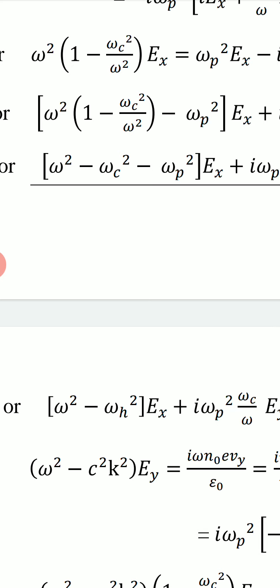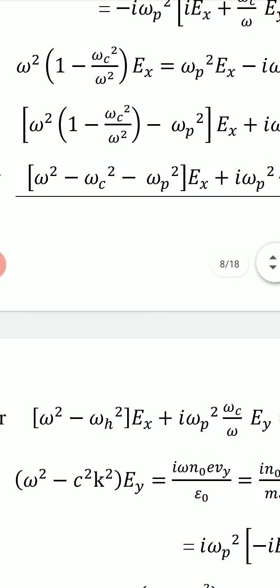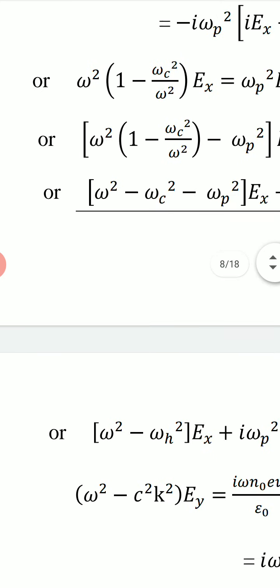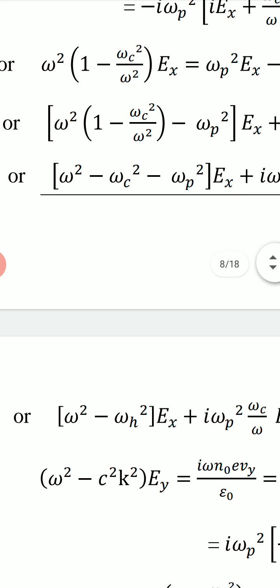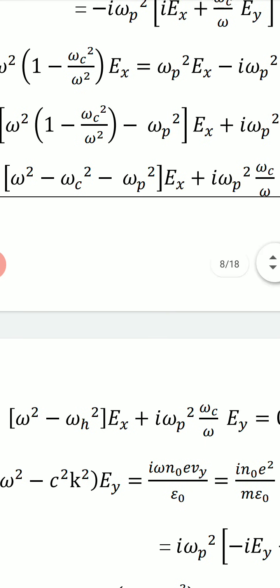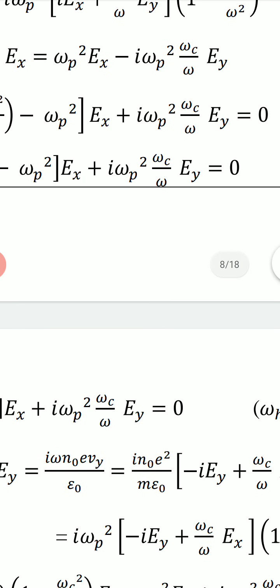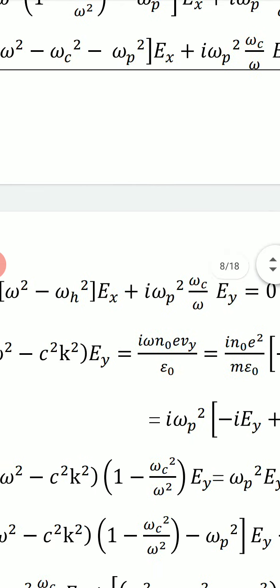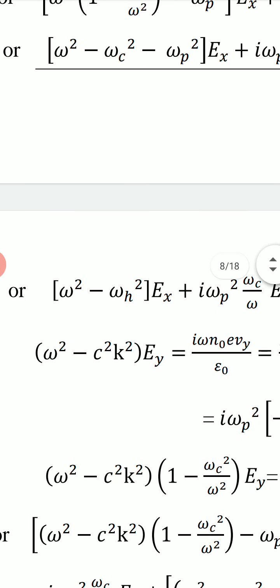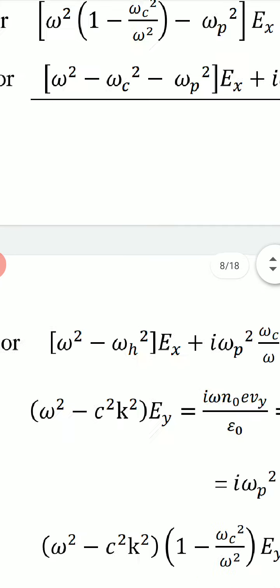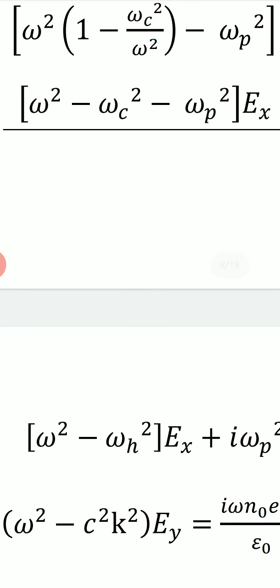Now if we solve this equation, solve this bracket, we get (omega square minus omega c square minus omega p square) into Ex plus i omega p square omega c upon omega Ey equal to 0. Now we write this as omega square minus omega h square. So we write omega h square for omega c square plus omega p square.